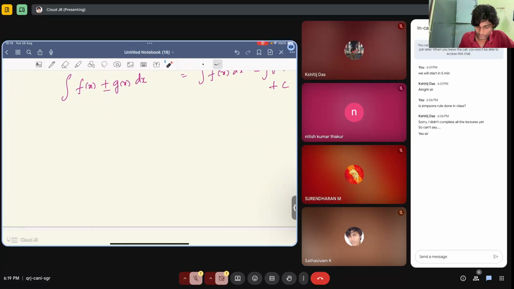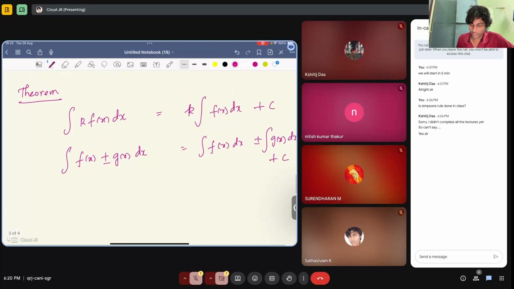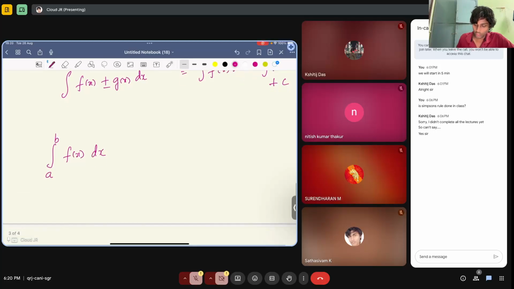Okay, so let's start with the easy example. So we integrate three. Before going to the example, I just want to say one more thing. This is about the indefinite integral. A definite integral means you will have limits here, limit a to b, f of x dx.